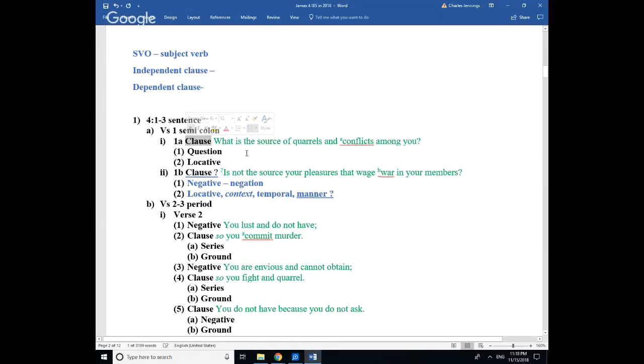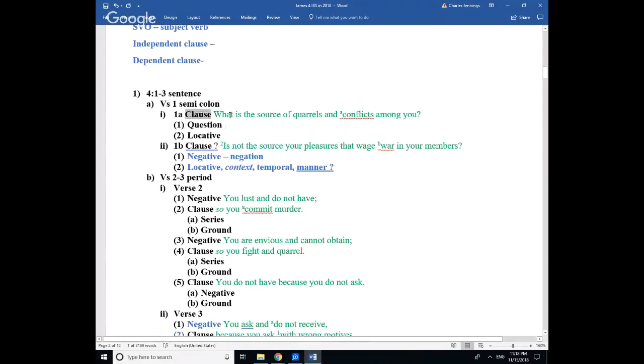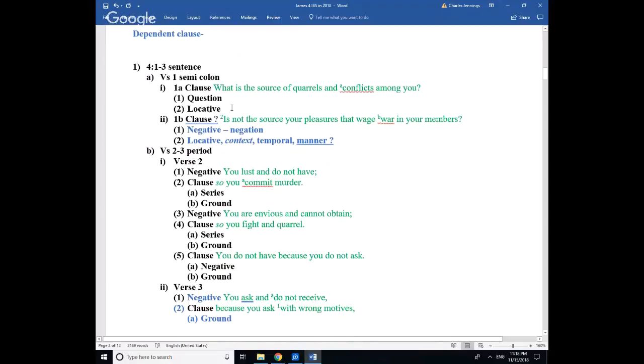And actually, as you'll see, there's more than one in there. There's: what is the source of quarrels and conflicts among you. So we're not getting into detail about verbs and all of that stuff. I just want to show you a simple outline that you can do. Look at it like this: 4:1 through 3, that's one subpoint.